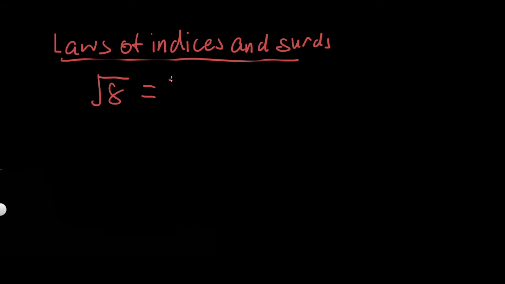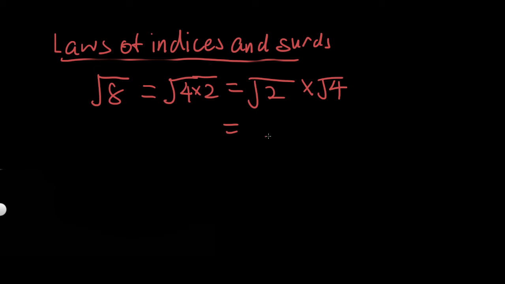This can be equal to square root of 4 times 2, equal to square root of 2 times square root of 4, which equals to, well, 2 square root 2. Quite simple stuff.